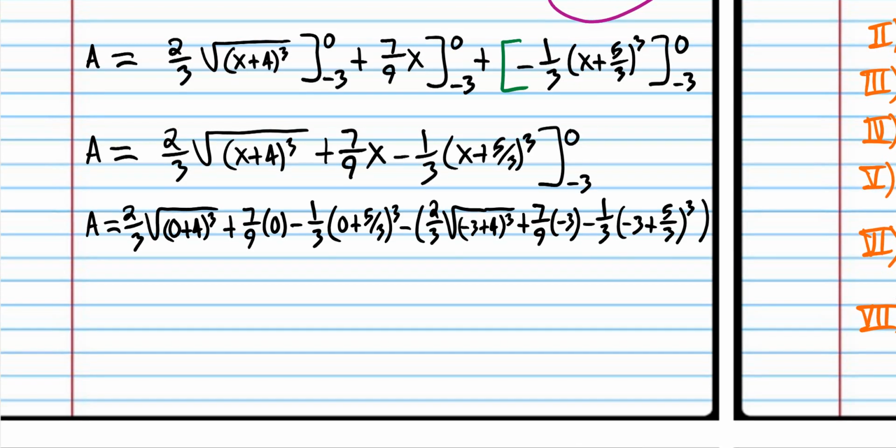So you don't have to show all this. You may think that what I'm doing right now is really tedious and is just taking too long, but you don't have to show all this basic arithmetic. You can do a lot of this in your head. So just be aware of that.